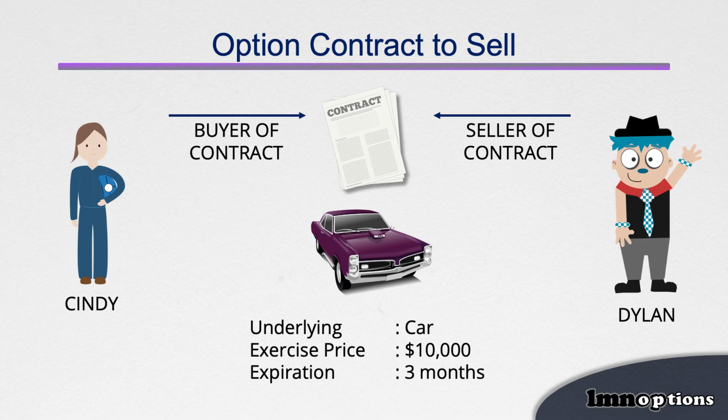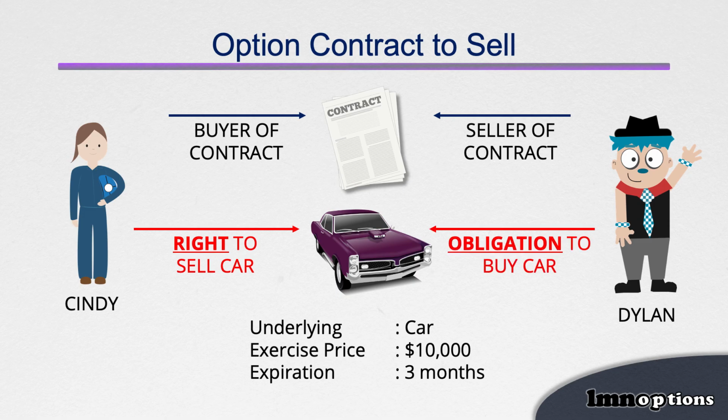As the buyer of the contract, Cindy has the right to sell the car at the exercise price of $10,000 within the next 3 months. If Cindy chooses to sell the car, Dylan will be obligated to buy the car from her.